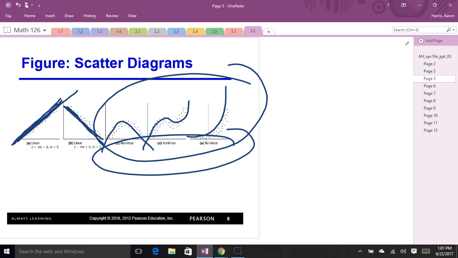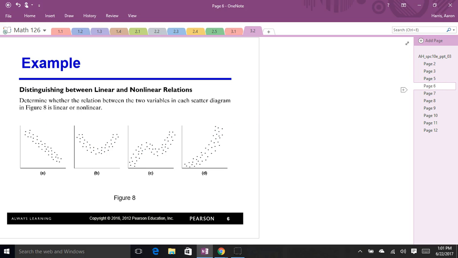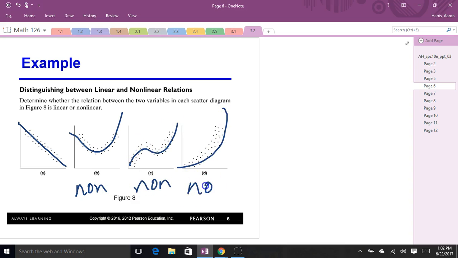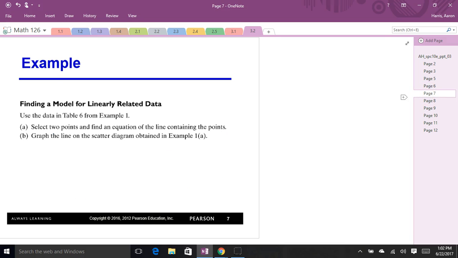They do not follow a line pattern. So which one of these are linear? Are they linear or nonlinear? If you notice A, that looks like it's following a linear pattern, a line pattern. This one definitely not, it's nonlinear. Nonlinear again. This one's kind of exponential. Again, nonlinear on that one.